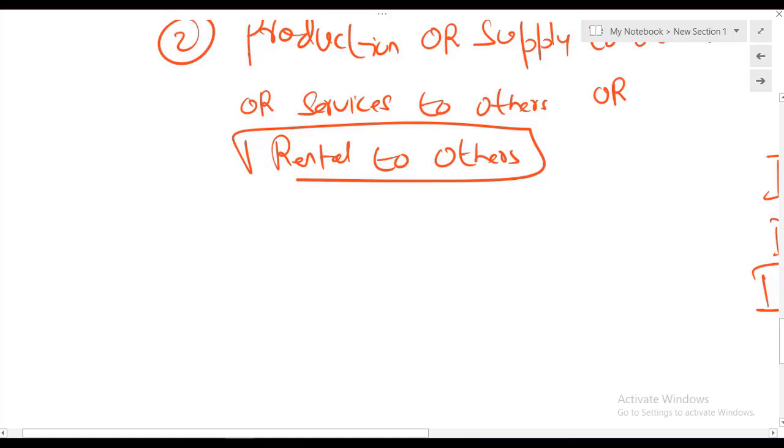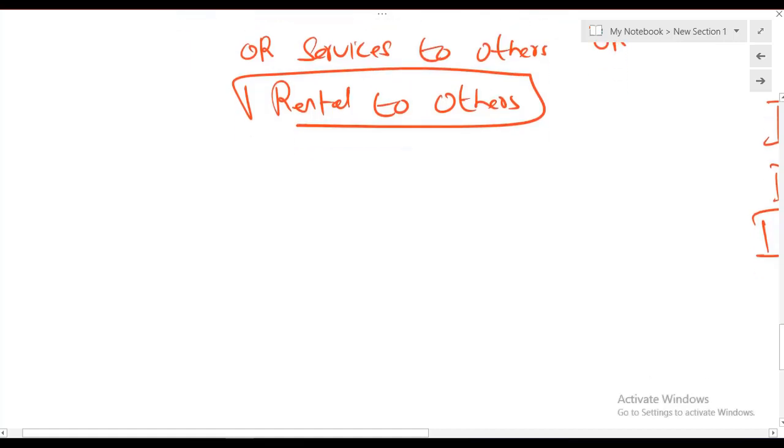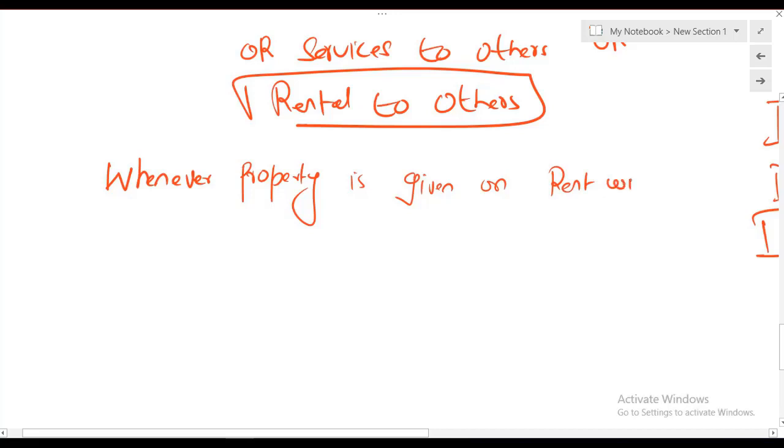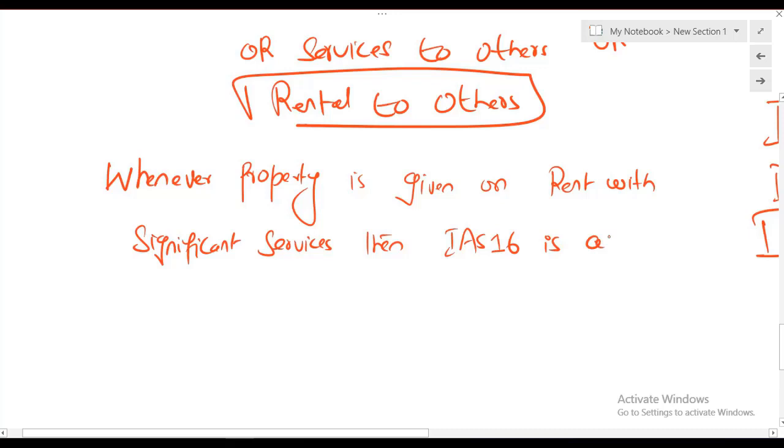So let me give you an example. Whenever property is given on rent with significant services, then IAS 16 is applied.